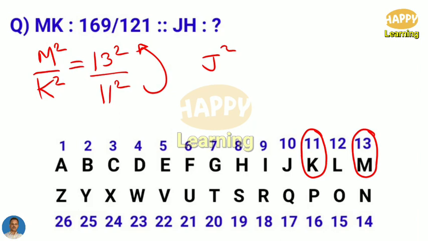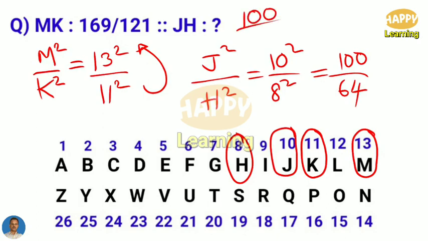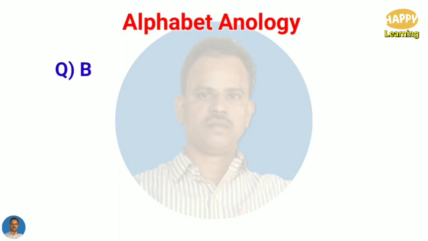Similarly, J square by H square is equal to, J is coded as 10, therefore 10 square by H is coded as 8, so 8 square, that is equal to 100 by 64. So here 100 by 64 is the answer. Okay, right. Next question.